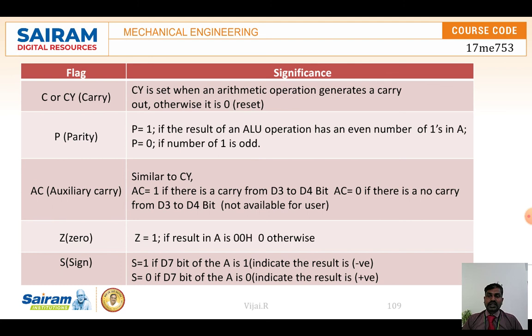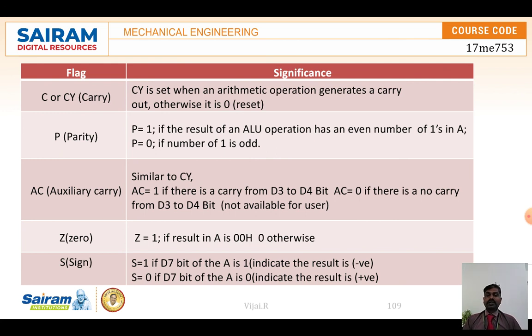So you can see the significance of the carry flag, parity flag, auxiliary carry, zero and sign. The zero flag is 1 when the result is 0, that is, the result in A is 00H. The sign flag indicates whether the result is positive or negative.